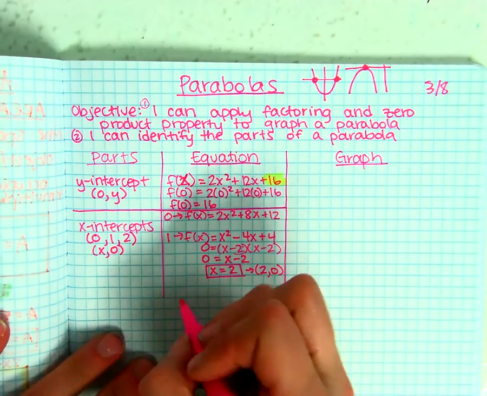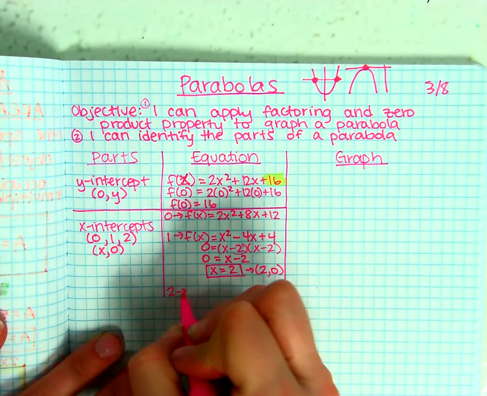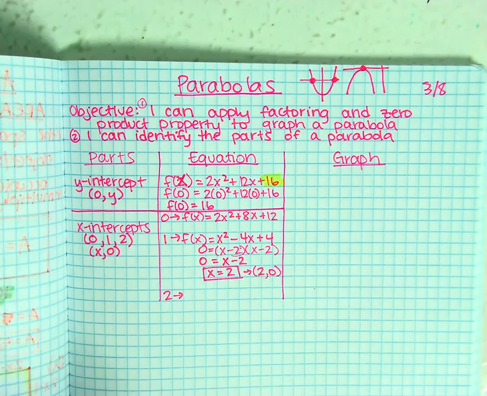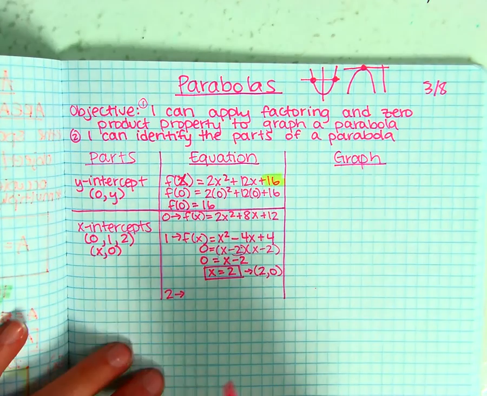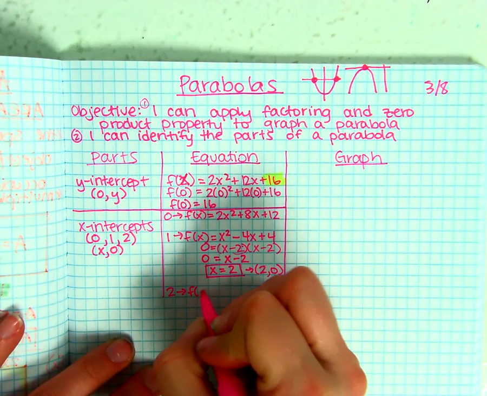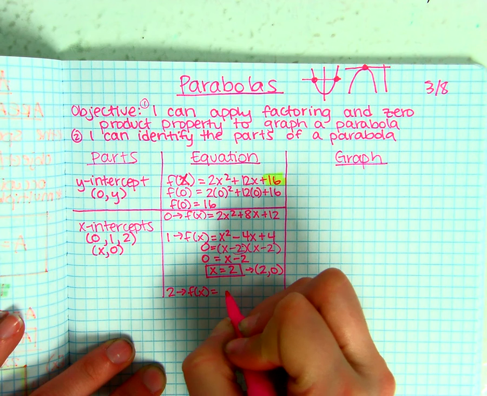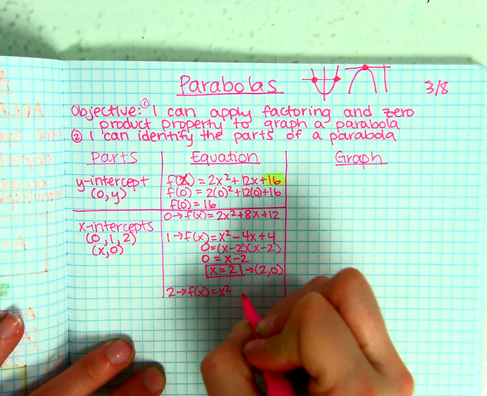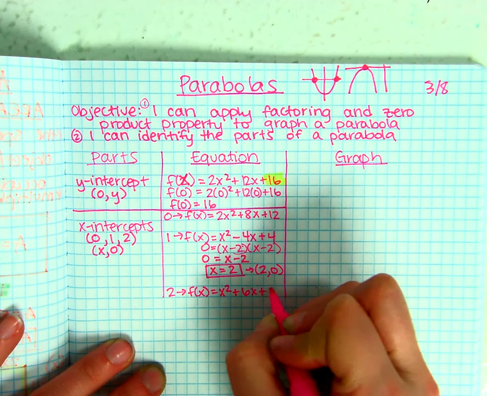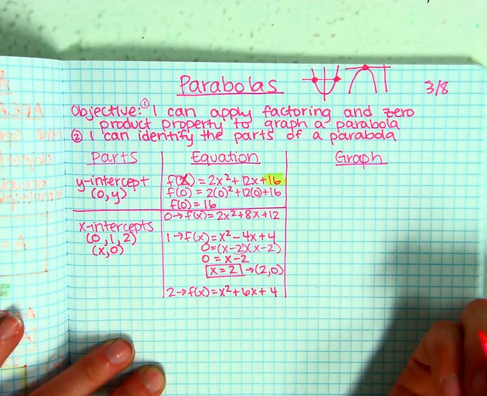An example where you might have 2 is our typical example where we can factor it all the way. Okay, so let's say we have f of x equals x squared plus 6x plus 8.